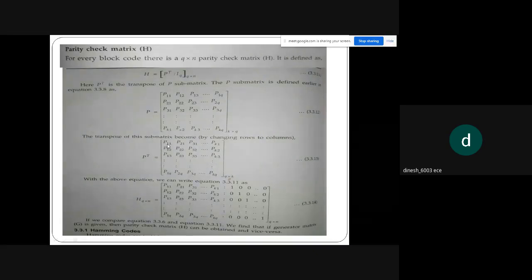So the first row is P11, P21, P31 till Pk1. The second row is P12, P22, P32 till Pk2. The third row is P13, P23, P33 till Pk3. And at last, we have P1q, P2q, P3q till Pkq. So this is how we can obtain the parity check matrix. Equation number 3.3.13.